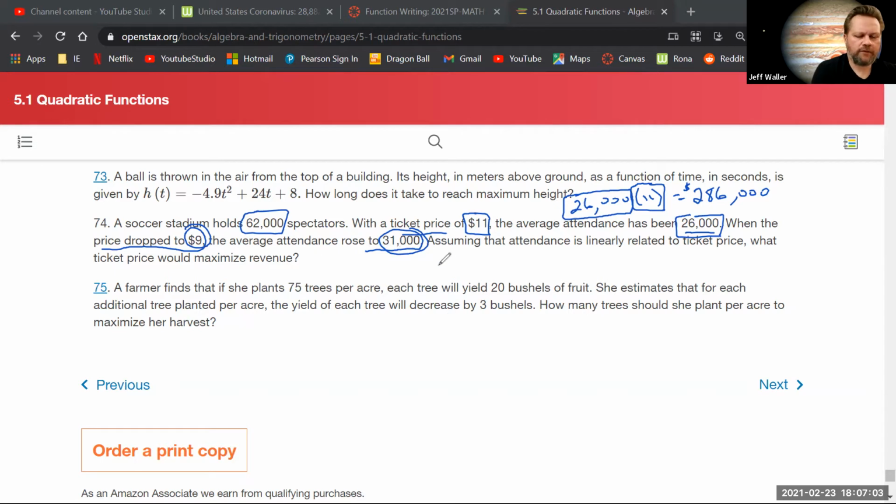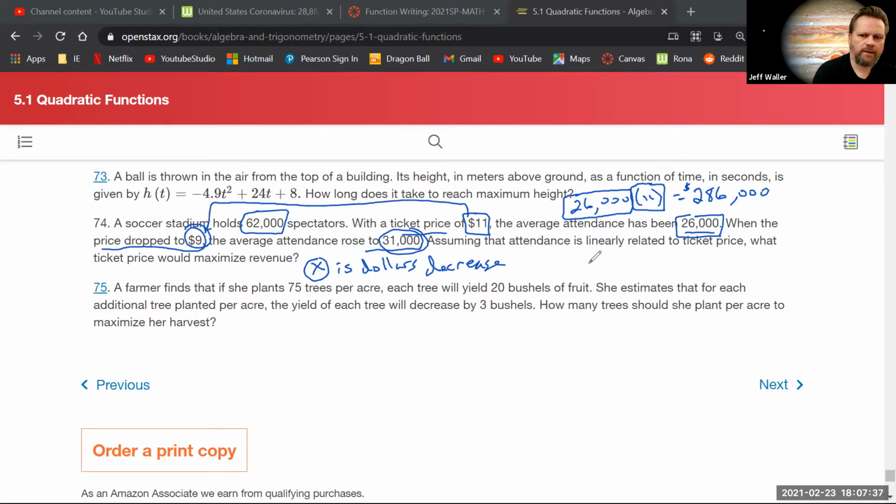If I say x is the dollars decrease for the ticket price, how much does the attendance change for every dollar decrease? How big of a decrease did I do? $2.